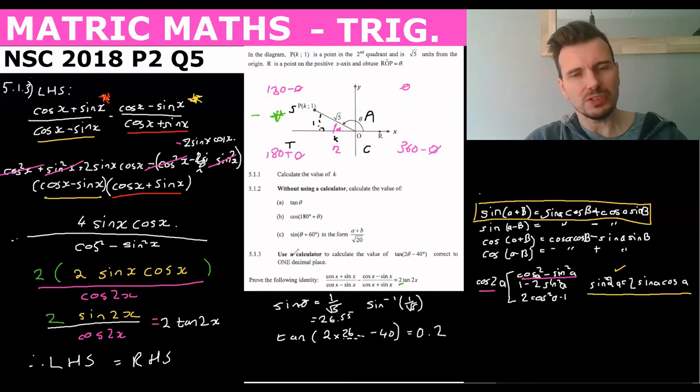But you need to just follow the steps, the certain things that need to be done. One of the things is getting this common denominator. Especially if you see cos x minus sine x and cos x plus sine x, the common denominator is usually going to end up with something like this, or it could be cos squared x plus sine squared x, which is 1. So it goes away often.